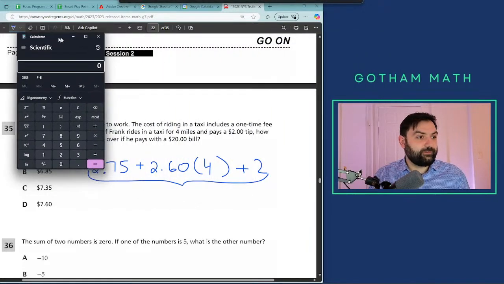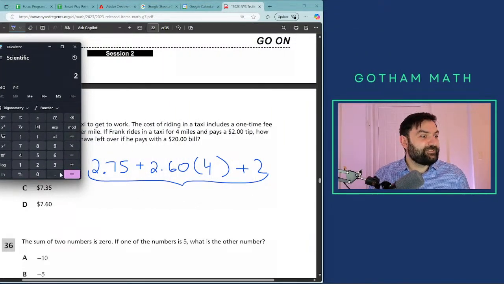Seventh grade, so calculator, thank you very much. No, let's start with the multiplication. 2.60 times 4, plus 2.75 plus 2. It is $15.15. And right from here, just do minus 20.